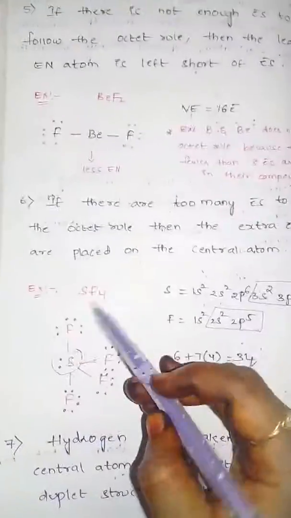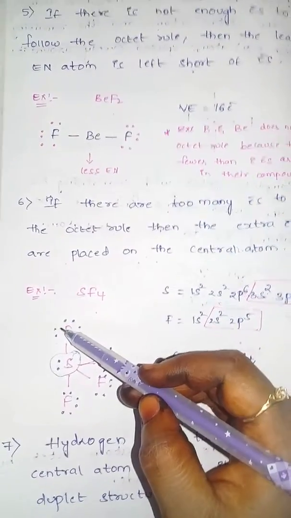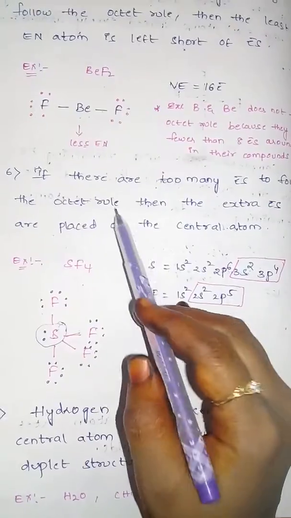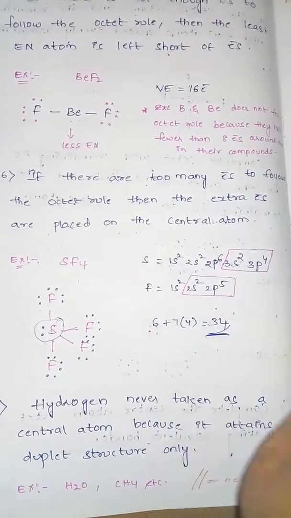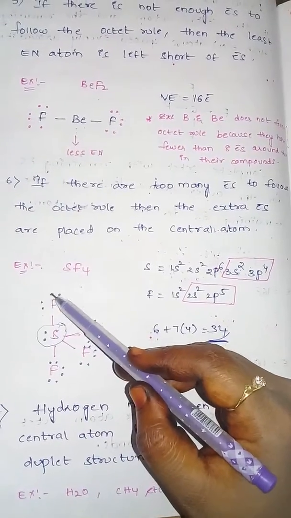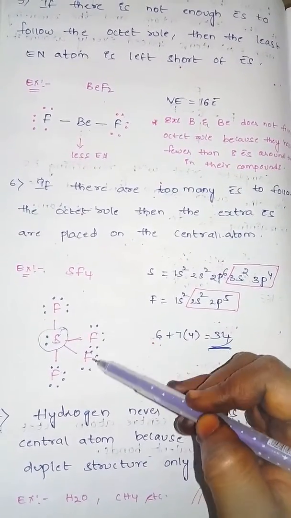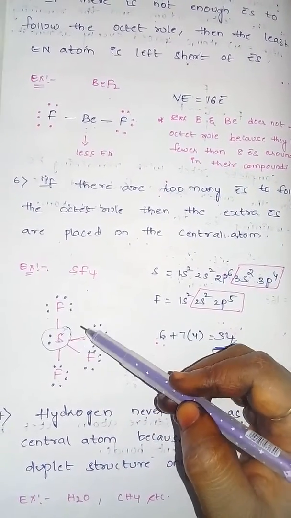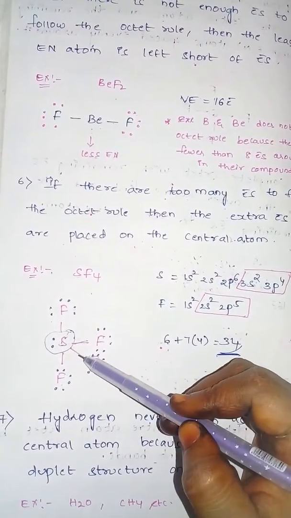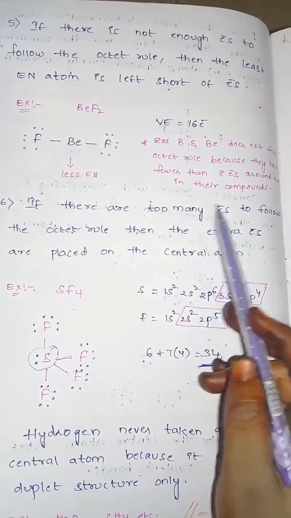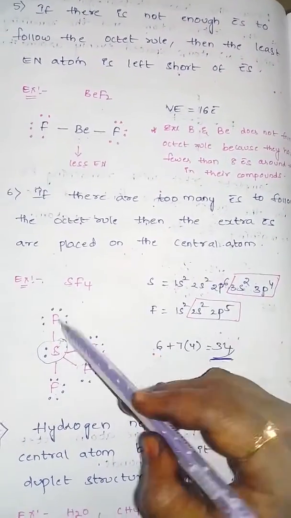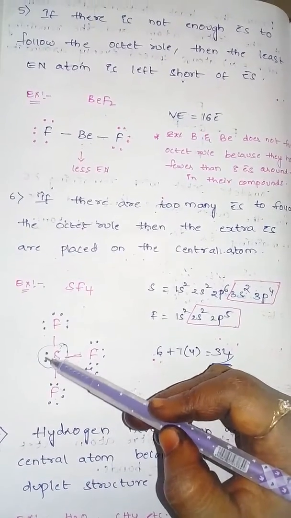What is the third rule? First complete the outer atoms' electrons, then the center atom. So first 1, 2, 3, 4, 5, 6. These 4 fluorine atoms attain octet configuration and sulfur also attains an octet, but there are too many electrons to follow the octet rule.